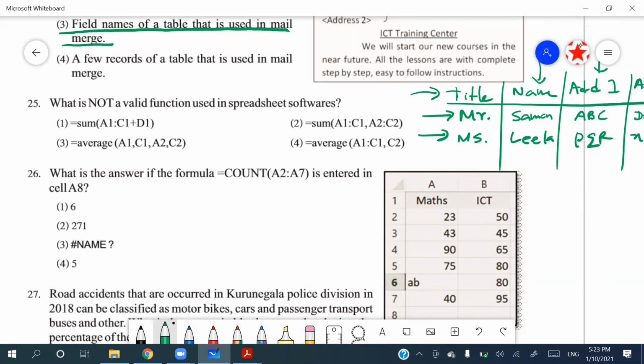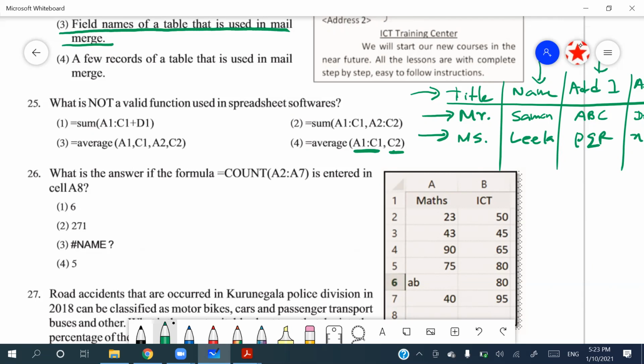According to those rules, everything has the equal sign, everything has a name, and those are valid, sum and average. If I go to the fourth answer, A1 colon C1, that's a valid range, and comma C2, that's a valid way of giving it. So it is the values from A1 to C1 and the value in C2.